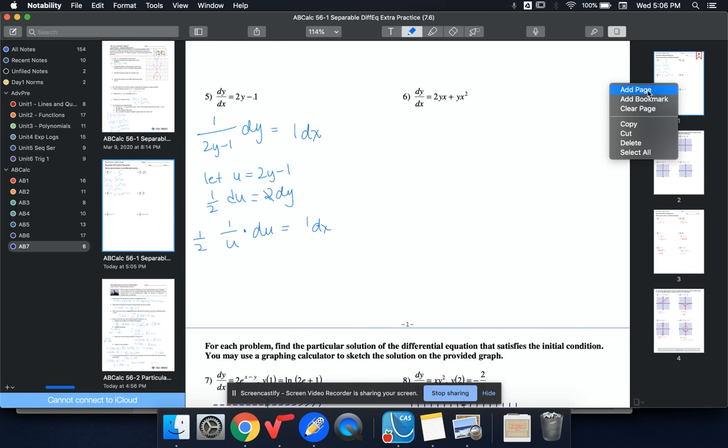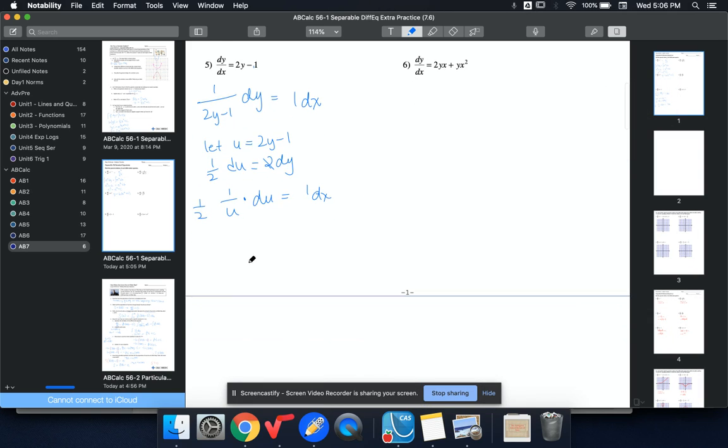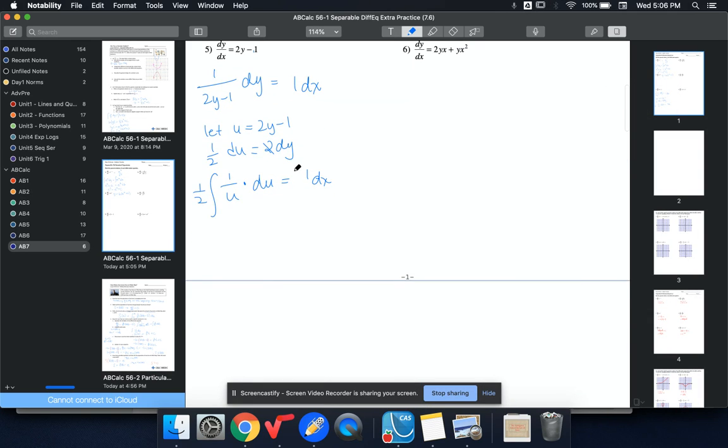I'm going to add another page over here. So I'll integrate both sides. Remember, I can put a constant in front of the integral, doesn't matter. And then I'll have a half ln of u. So I'm going to go back and replace with my 2y minus 1 plus, let's start at the beginning of the alphabet again, plus a equals x plus b.